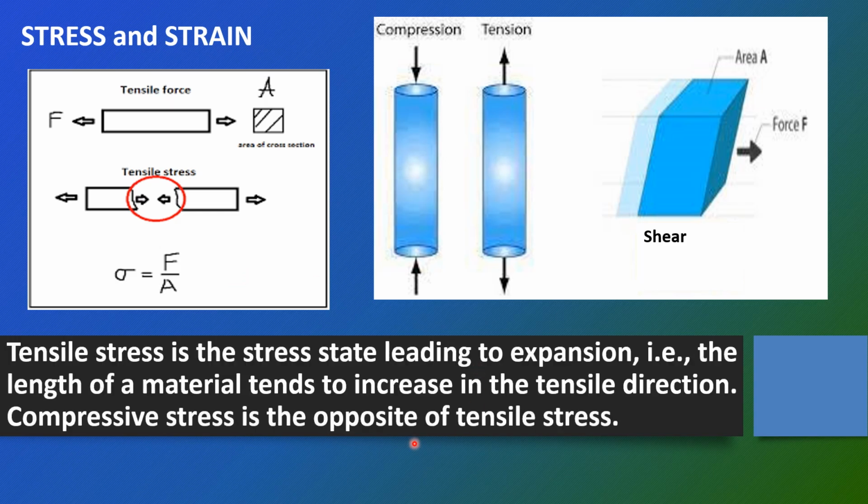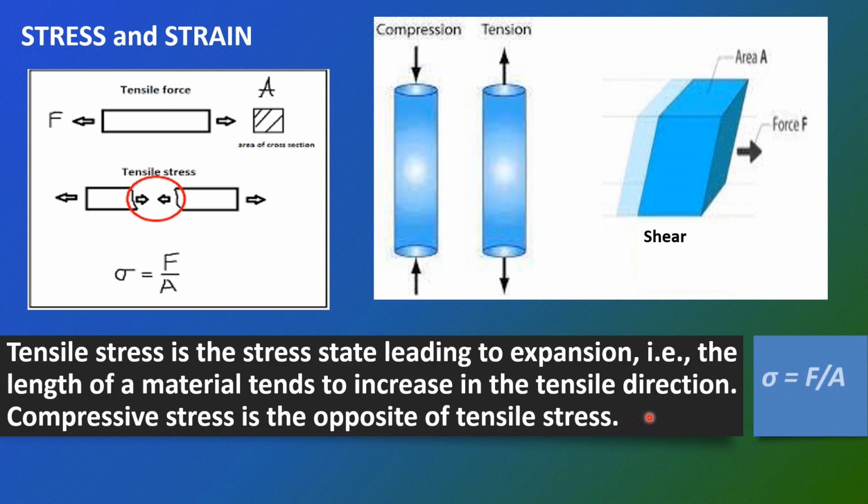Tensile stress, in general, is the stress state leading to expansion. That is, the length of a material tends to increase in the tensile direction. Compressive stress is just the opposite of tensile stress.